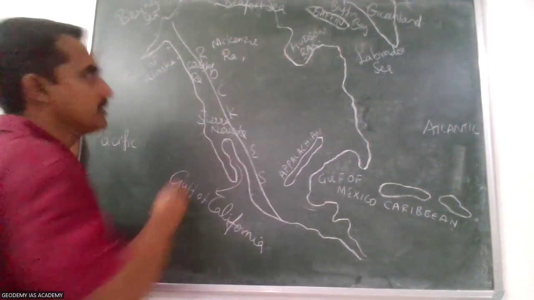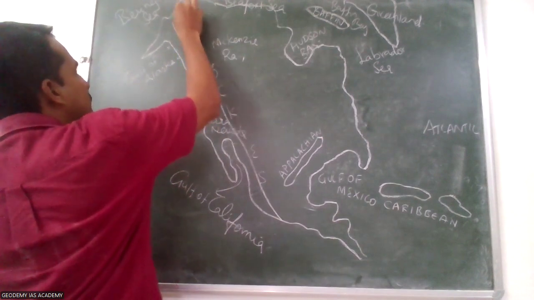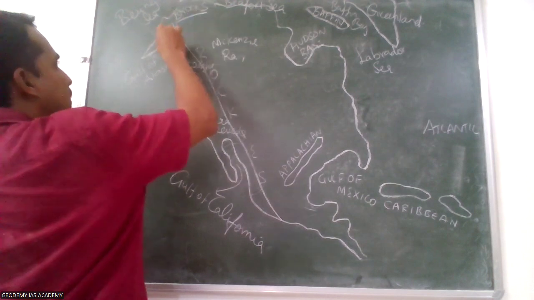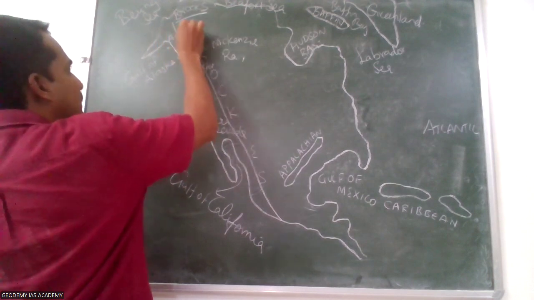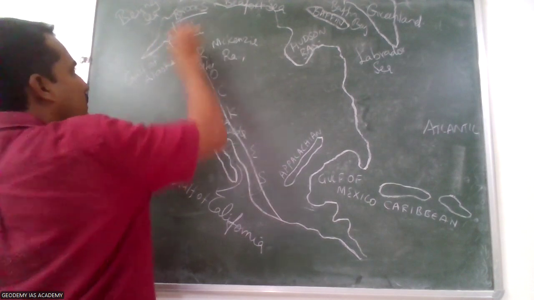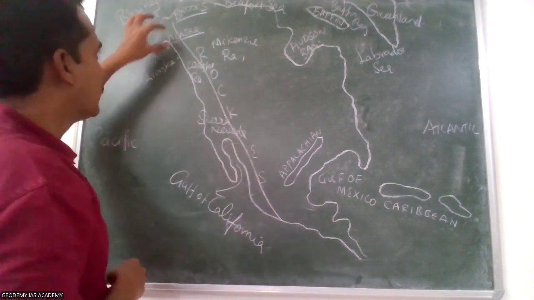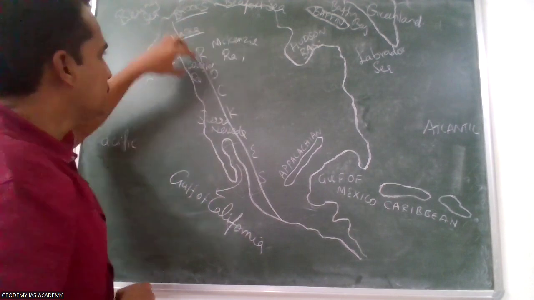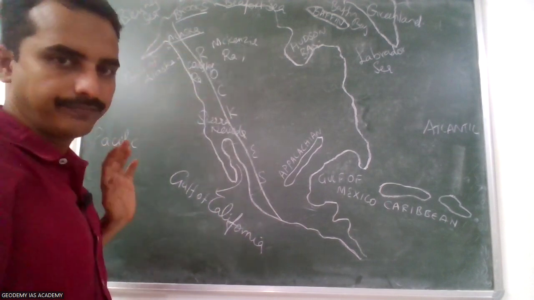And here the Brooks Range in the north of Alaska, and the Alaska Range in the south of Alaska. In the north, Brooks Range. Then Mackenzie Range, Coastal Range, Sierra Nevada.